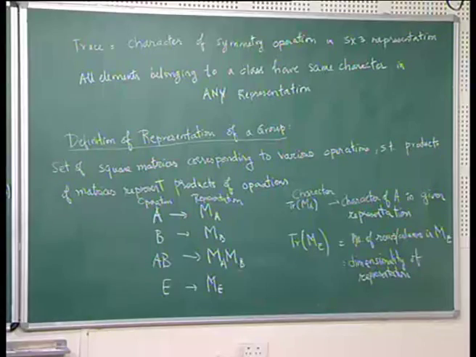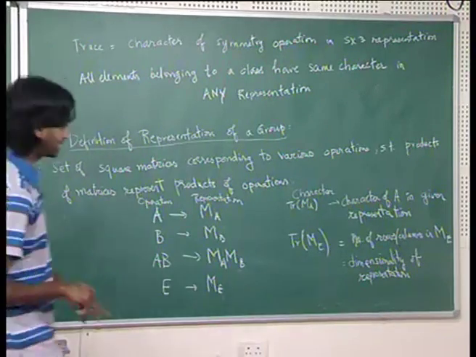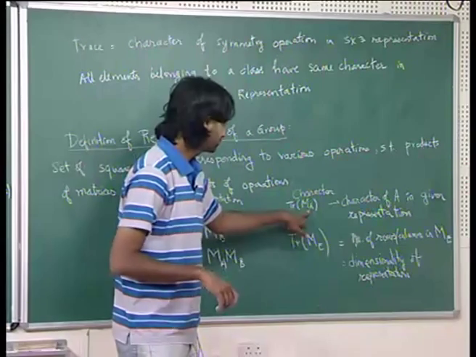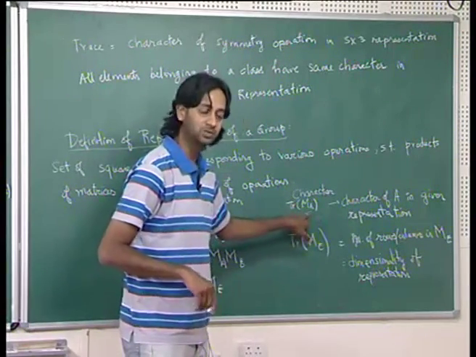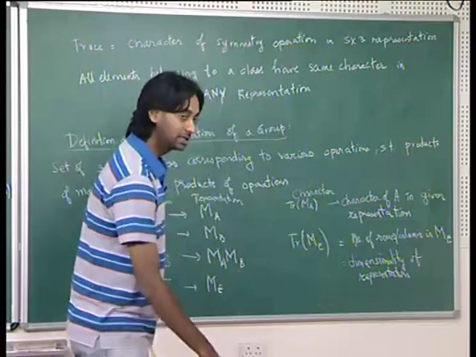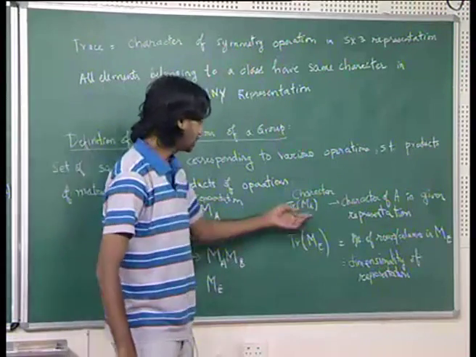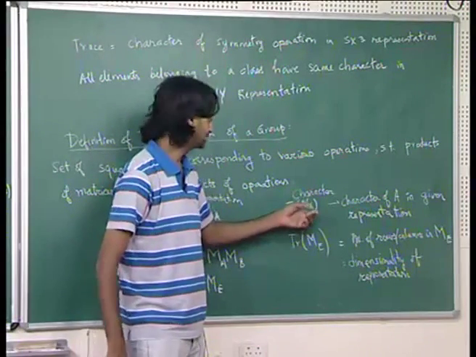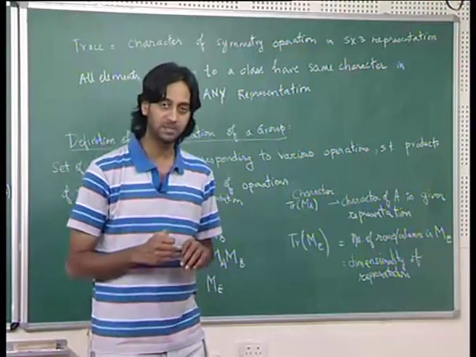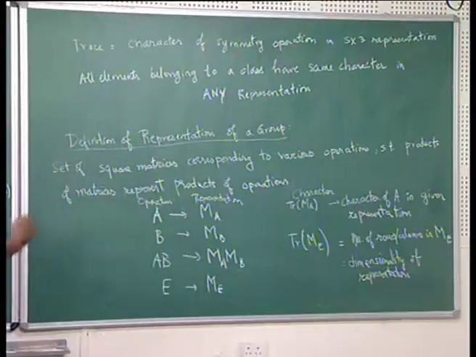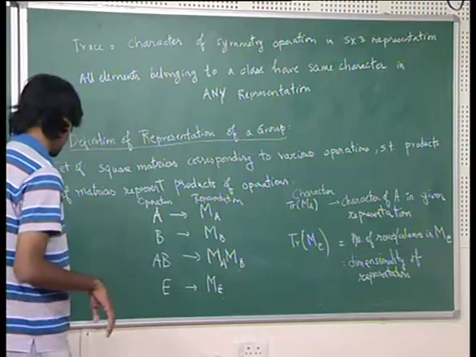Okay. So, it will turn out that the character or the trace of various symmetry operations is what will enter the character table, and since all elements of the same class have the same characters, we like to group the operations based on classes, and then we will write the character of each of those classes.